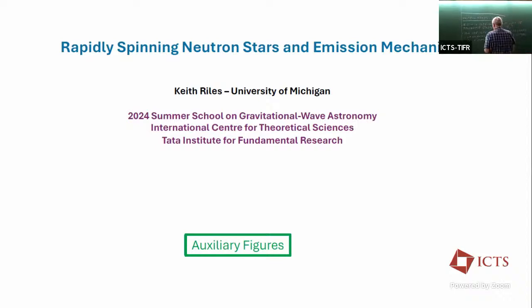And the star, thanks to the famous Chandrasekhar instability, the star collapses. And when it collapses, it does so quite suddenly. It does so more or less in free fall.